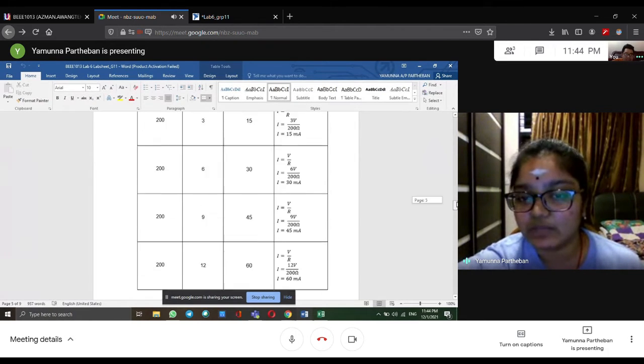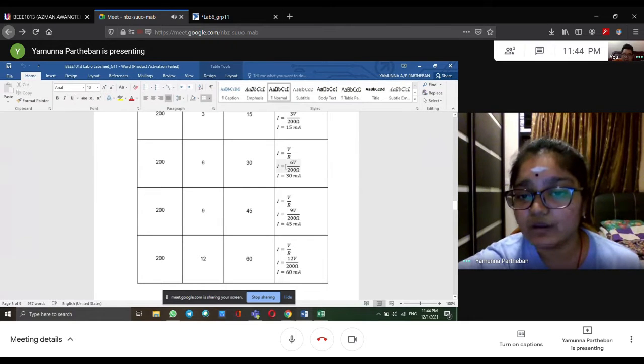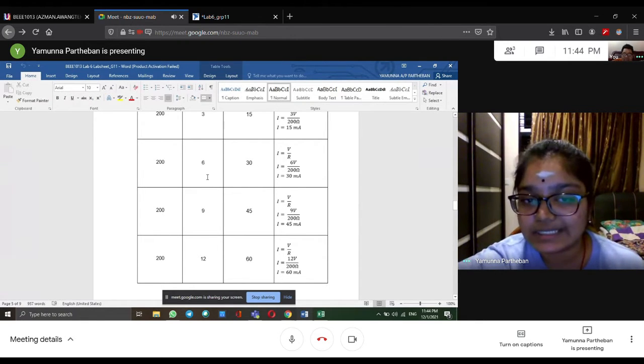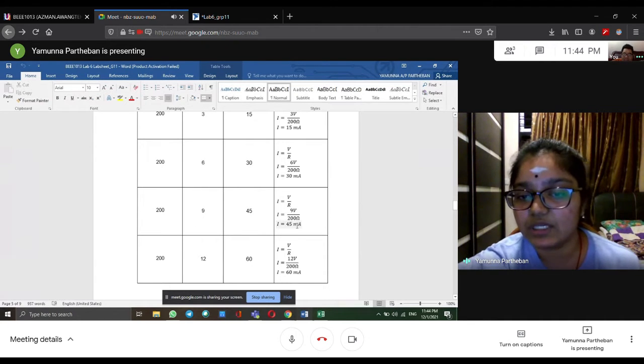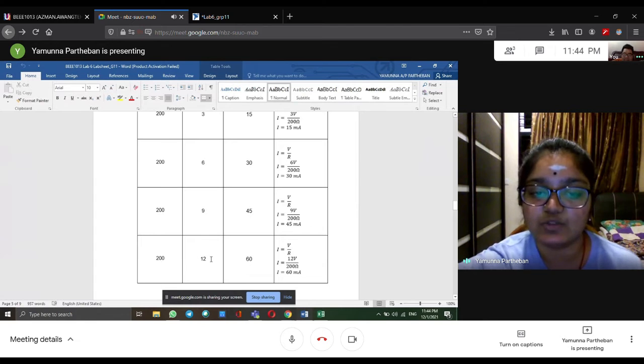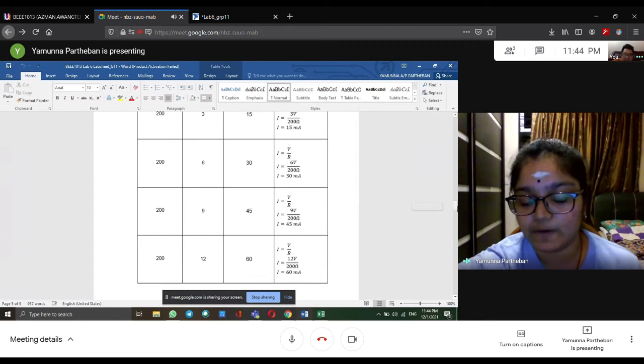I repeated the same step for each of the values. For 6 volts, we got 30 milliampere, 9 volts, 45 milliampere, and 12 volts, we got 60 milliampere.